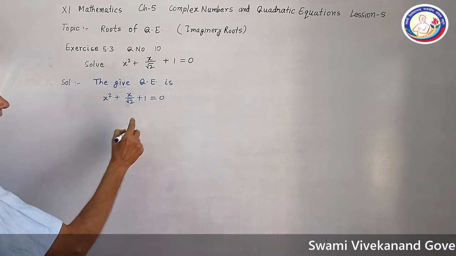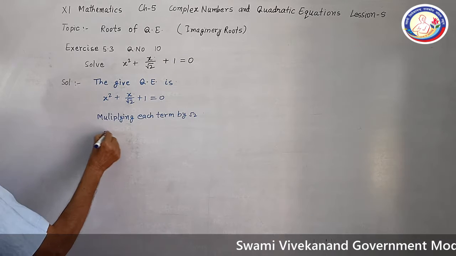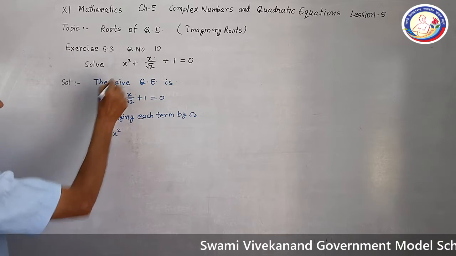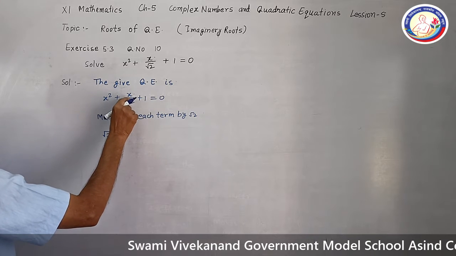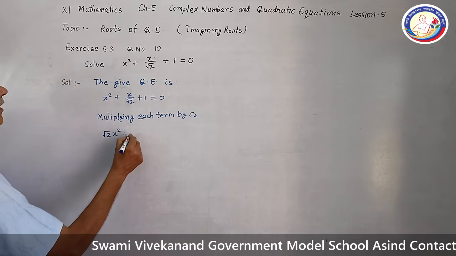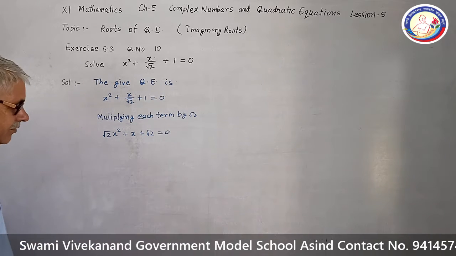Now multiply each term by square root of 2. We will get root 2 x square, and square root 2 divided by square root 2 will be x, plus square root of 2 equal to 0.